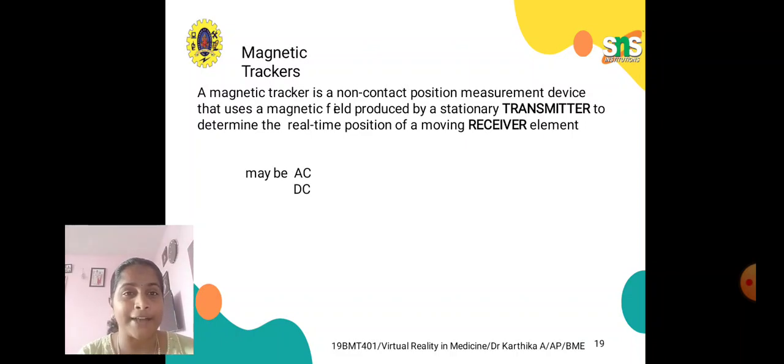Here, a magnetic tracker is a kind of tracker. It has both transmitter and receiver, and it uses a magnetic field to determine the real-time position of the moving receiver element. Here the transmitter is stationary and the receiver is moving. It might be AC or DC.